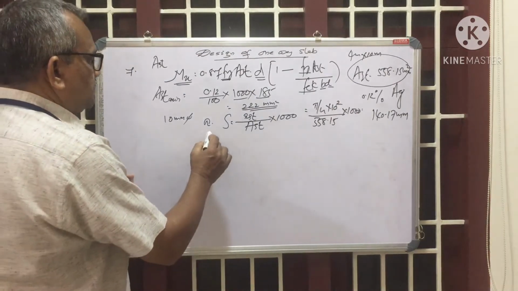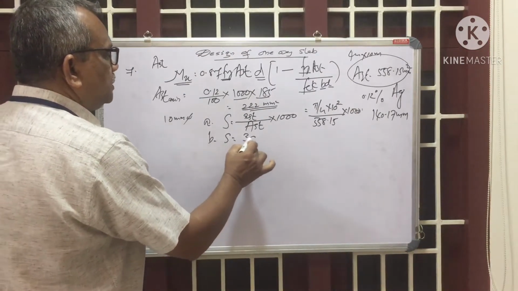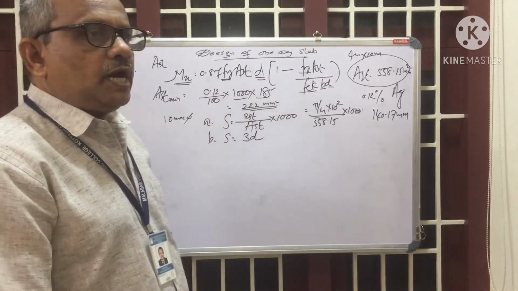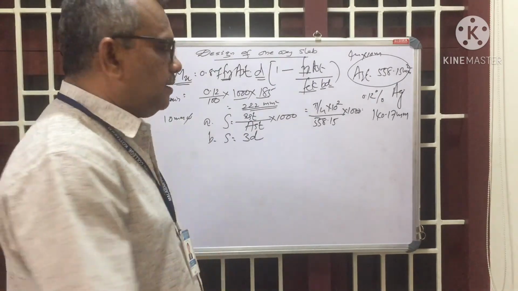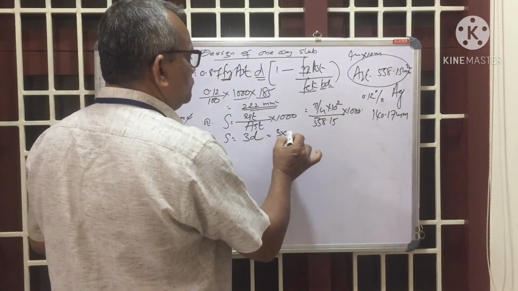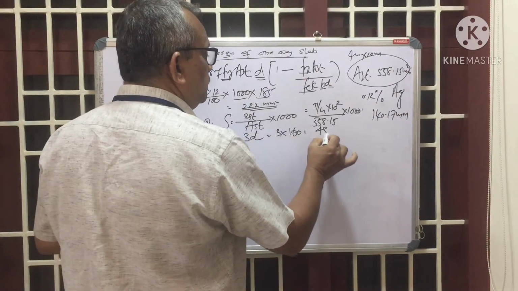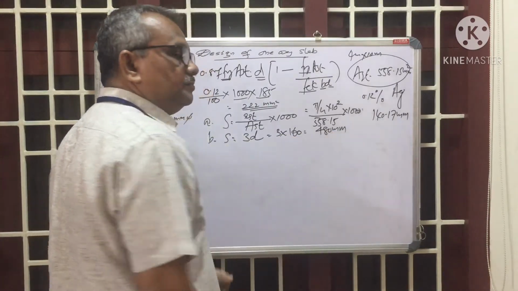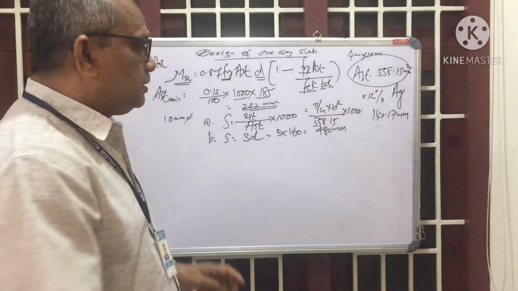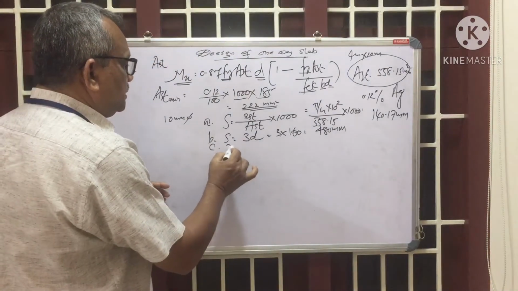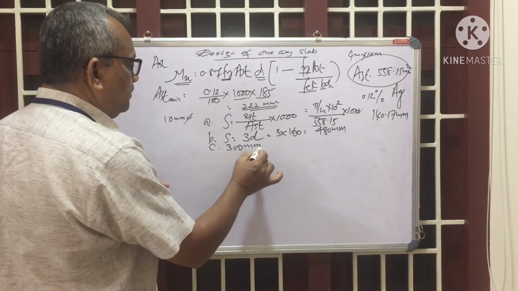Now the second provision, S is equal to 3D. That means 3 times the effective depth of the slab, equal to 3 into 160, which is 480 mm. The second value, and the third value is 300 mm.